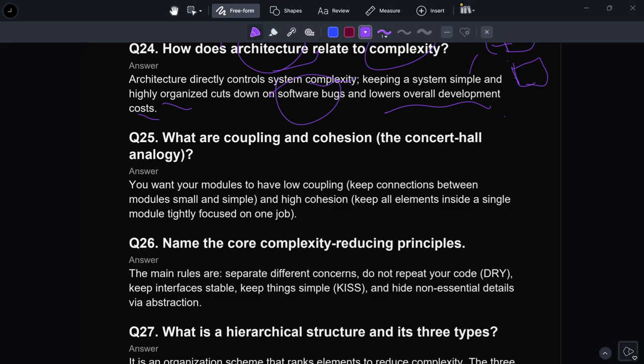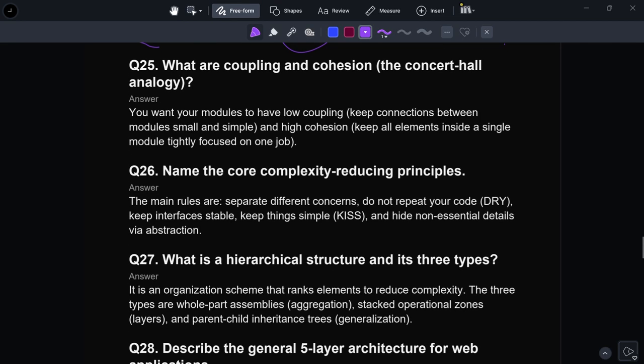Now when we look at core complexity reducing principles, the main rules are: separate different concerns, do not repeat your code, DRY, keep interfaces stable, keep things simple, KISS, and hide non-essential details via abstraction. Now the core philosophy is separation of concerns.